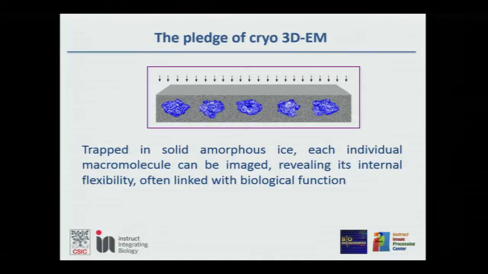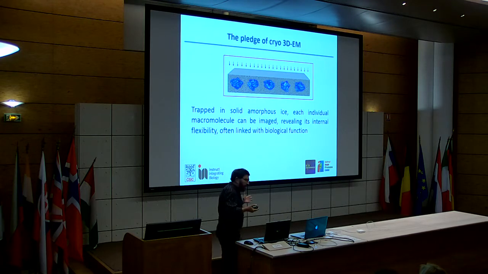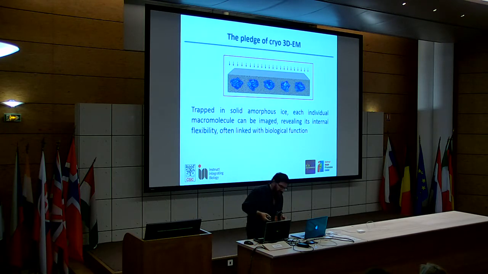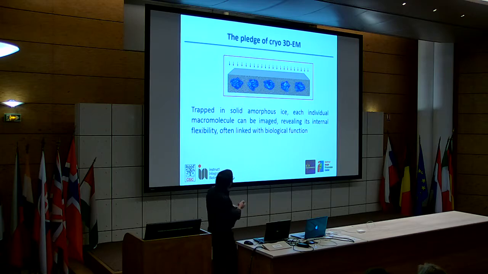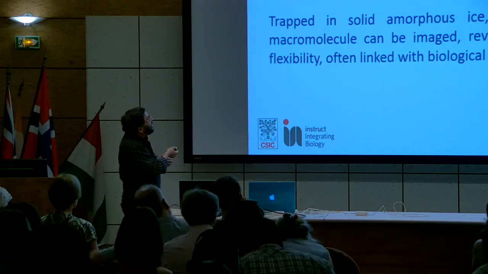Let me make a point about EM that certainly you all know, but let me phrase it in a way that I will use later. This is actually sort of the pledge, as we say, of cryo-EM. We have our macromolecules in amorphous ice. They are trapped there. You see that each of them is in a totally different orientation. Of course, they were in the sample. They have been frozen. They don't have any reason to be in the same orientation.